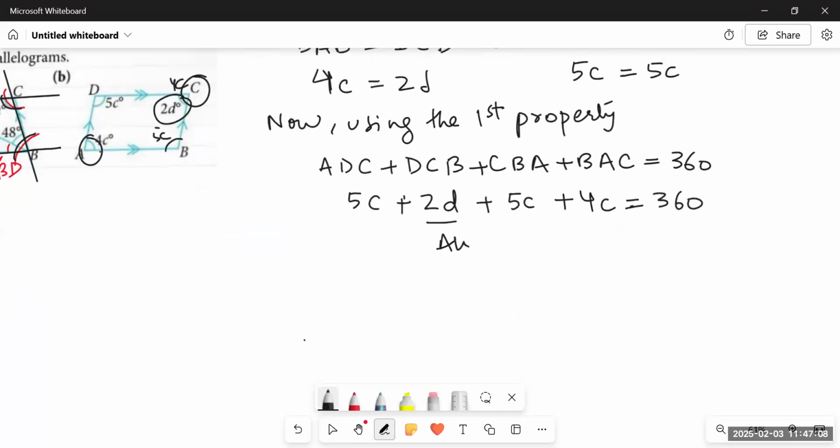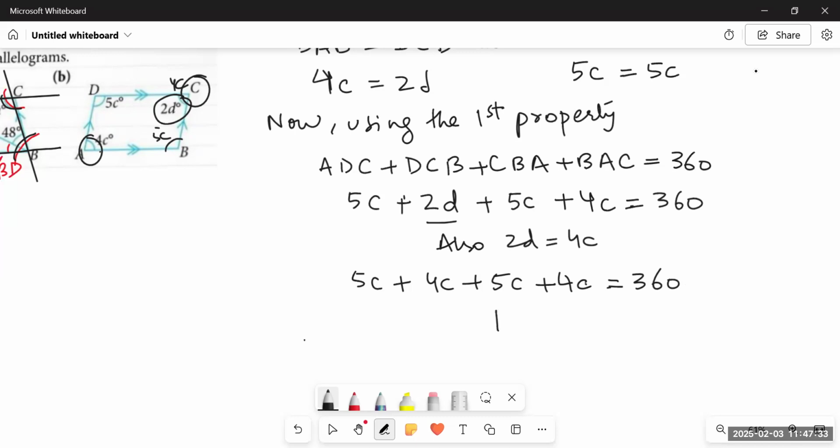Also, 2D is equals to 4C. Hence, 5C plus 4C plus 5C plus 4C. 2 are 4Cs, 2 are 5Cs. Why are we doing this? To find out the value of an unknown, that is C, right? So since all four are like terms, we can add them very easily.